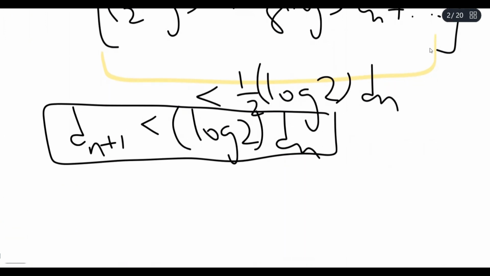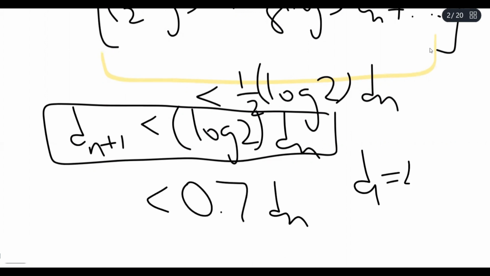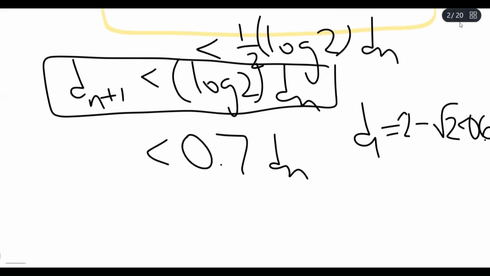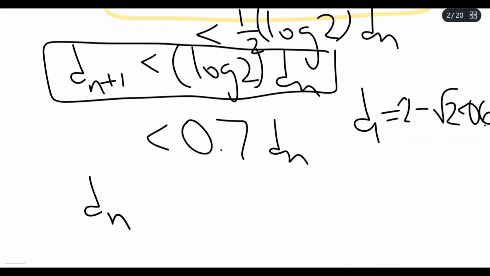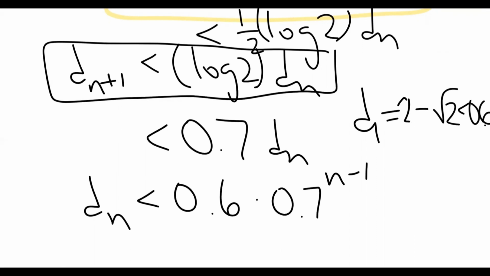It's about 0.69, so let's just say this is less than 0.7. And remember, d_1 was 2 minus root 2, which is less than 0.6. So altogether, what we end up with is d_n is less than 0.6 times 0.7 to the n minus 1. Or if you want, you can make it even less precise and say it's less than 0.7 to the n.